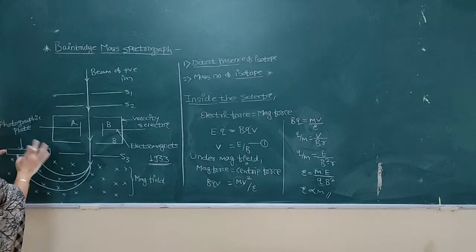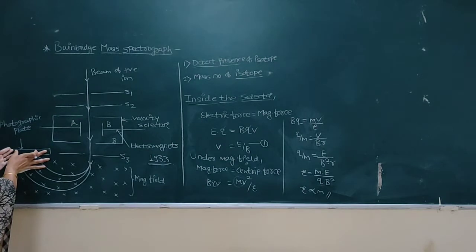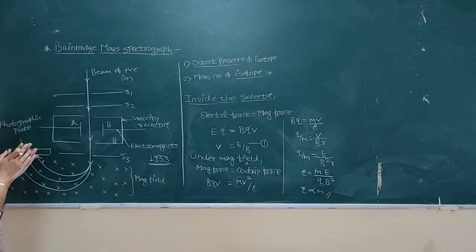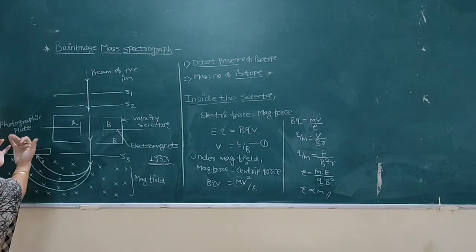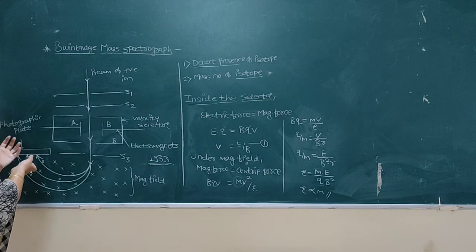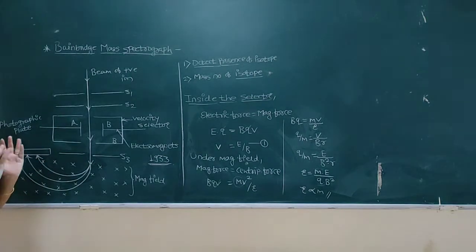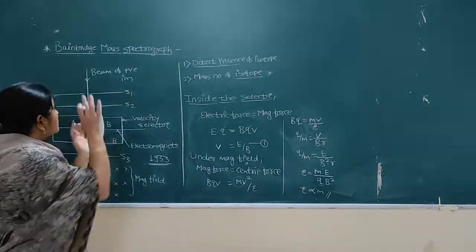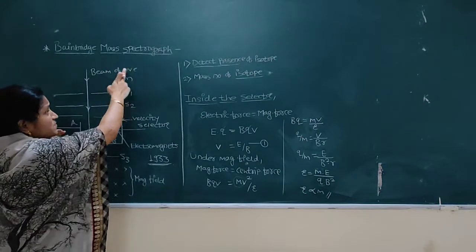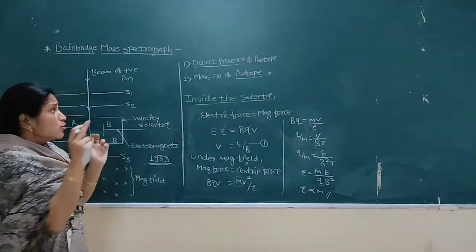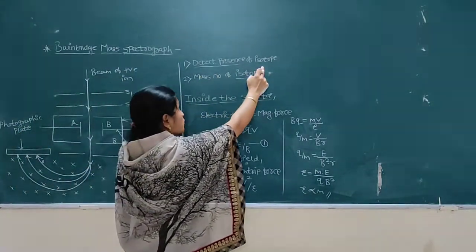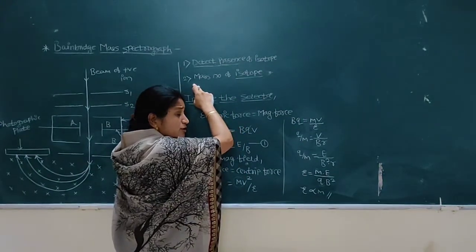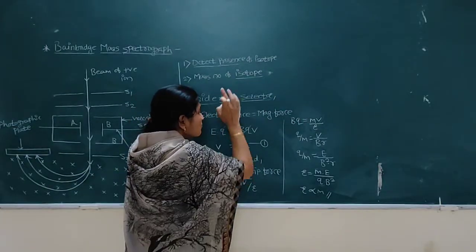Understood? So like this, on this photographic plate the spots are obtained, and by using this plate we can detect the presence of the isotopes. So this is about the Bainbridge mass spectrograph. One more thing, this Bainbridge mass spectrograph is used to detect the presence of isotopes, as well as to determine the mass number of isotopes.